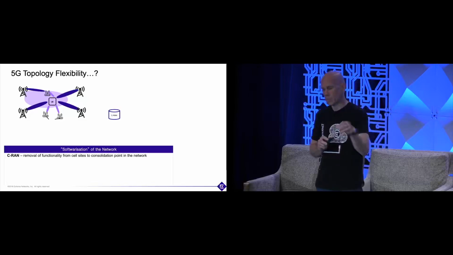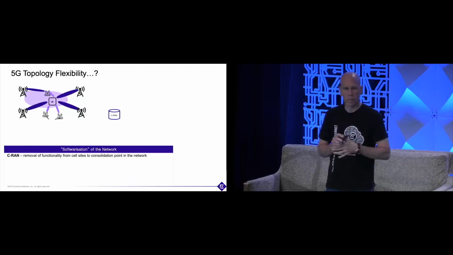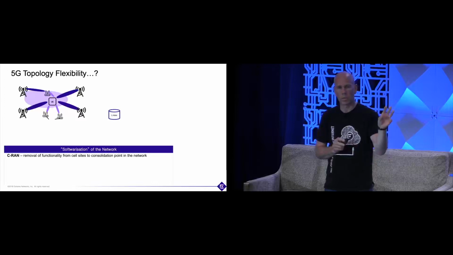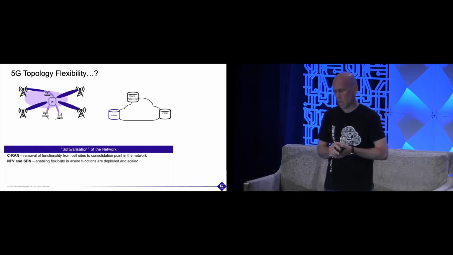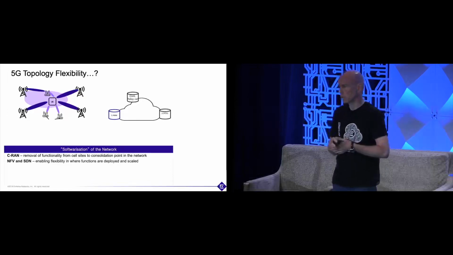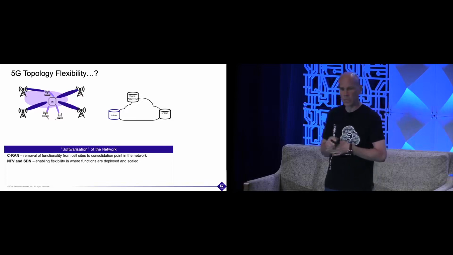If that moves into the C-RAN, the cloud RAN, or the virtualization of the RAN functions, you basically have your radio tower and then you move all of your intelligence into your cloud, into your data center, as virtualized. NFV and SDN, that's obviously a big part of the architecture itself, as we can understand.